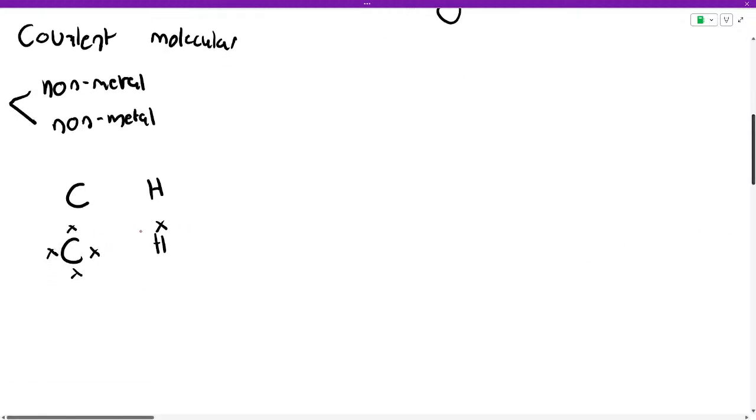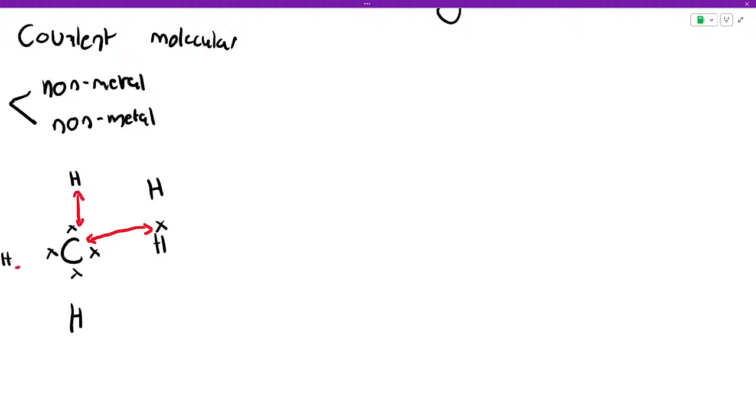So when you indicate this, you have to indicate an arrow going like this. There's only one, this is only filling one spot. So we have to draw another hydrogen, and another hydrogen, and another hydrogen here, because there's space for four electrons.